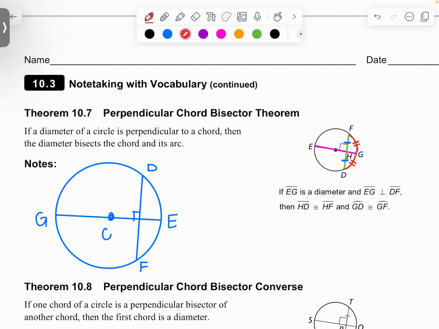Okay, DF has a measure of 16 and GE has a measure of 10. I want to find length X.